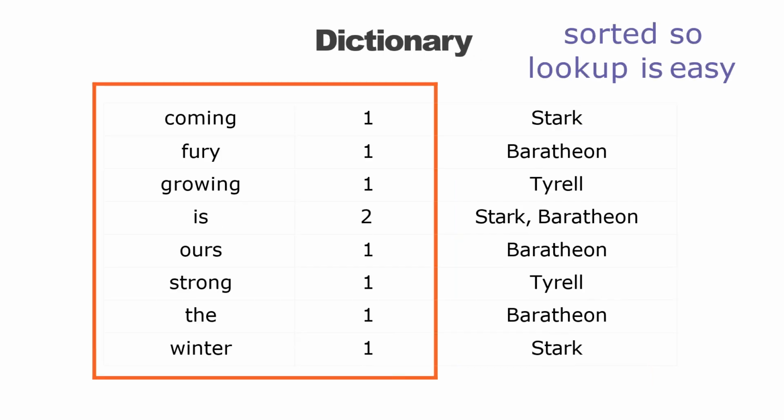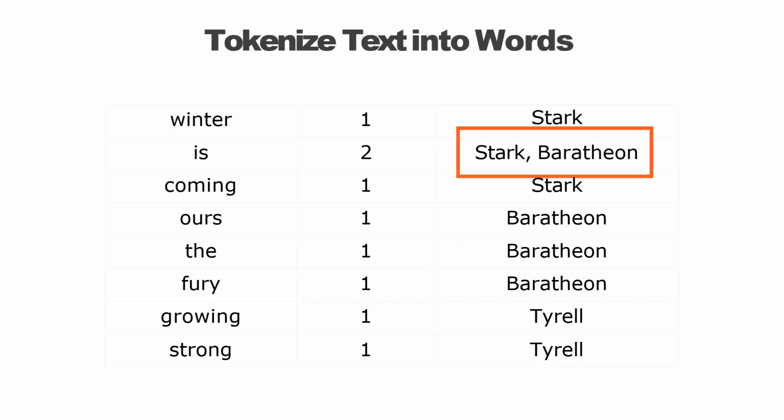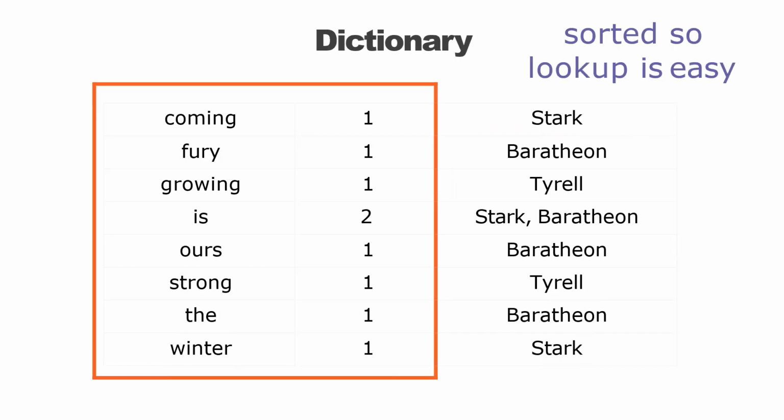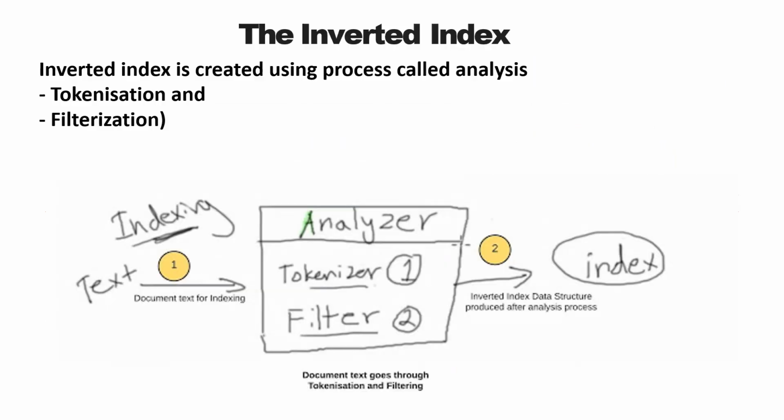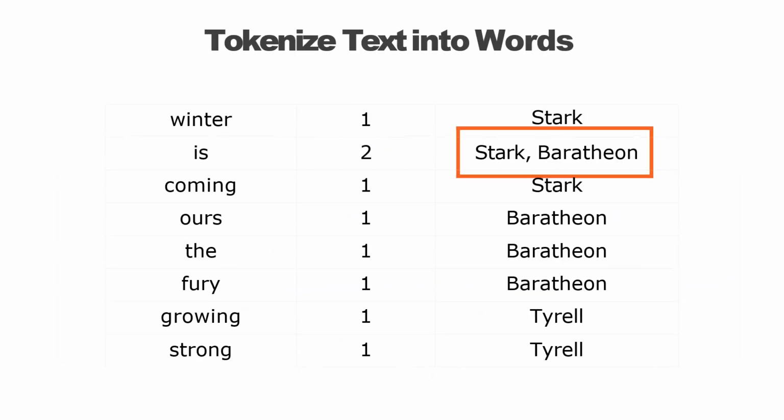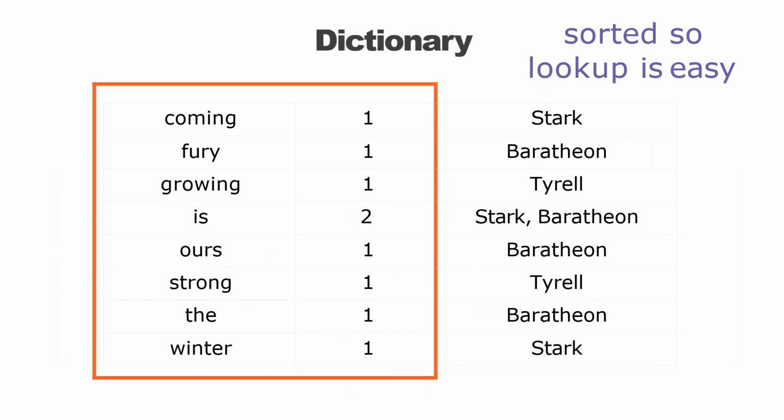So this is the importance of tokenization. After the tokenization is done, you have to improve it. That is what we call filtering. We do a little bit of cleanup, for example sorting, so that lookup is easy. Here we are sorting it so that search will be faster.